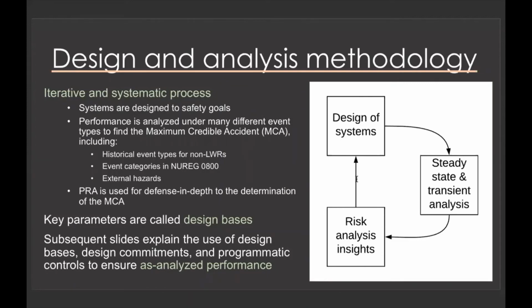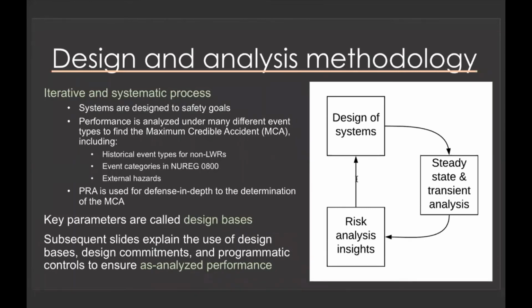It was essentially used for an added layer of defense in depth to the determination of the MCA. So we found the most bounding maximum credible accident through deterministic analysis of those different event types, but then added to it anything that was determined in the PRA as being within the realm of credibility, which we cut off at 10 to the negative 8 or so.